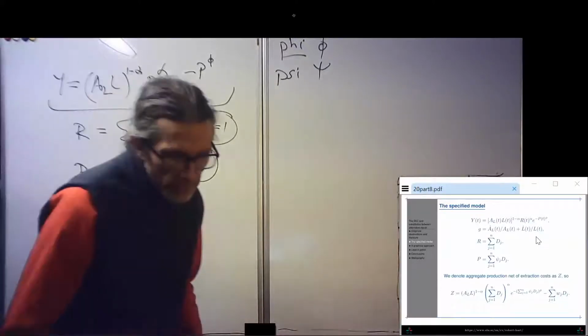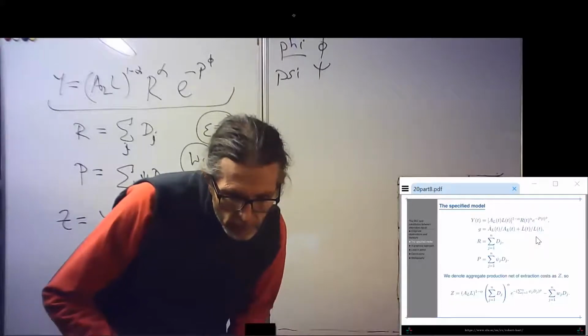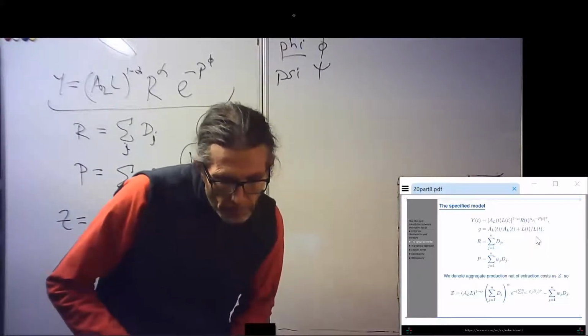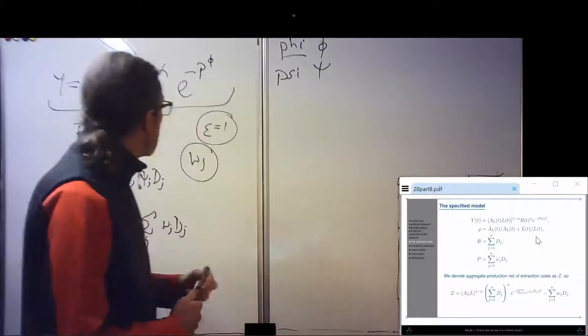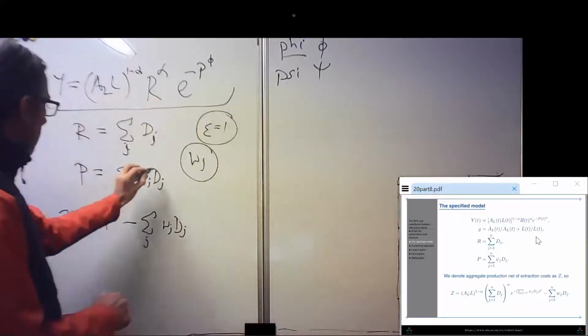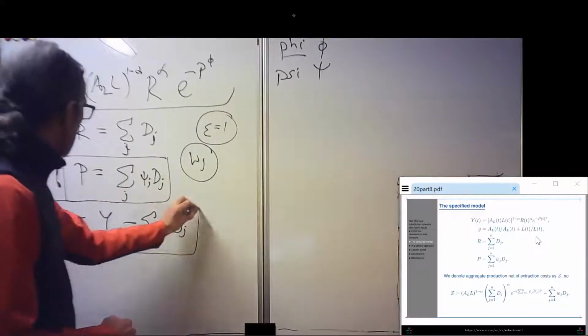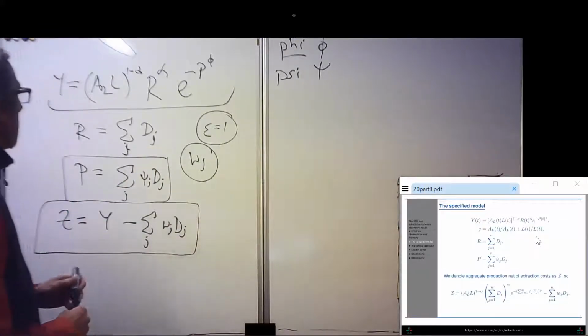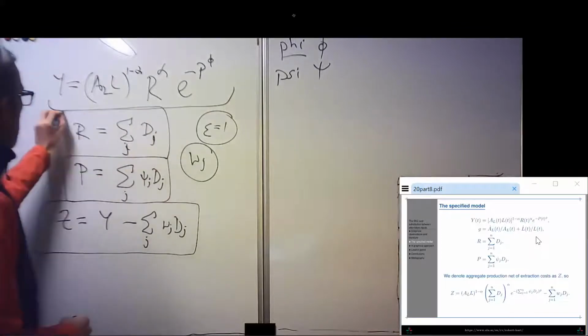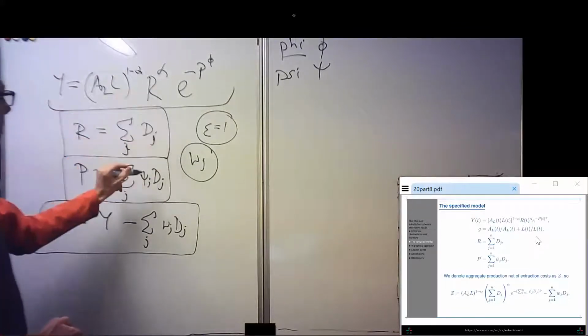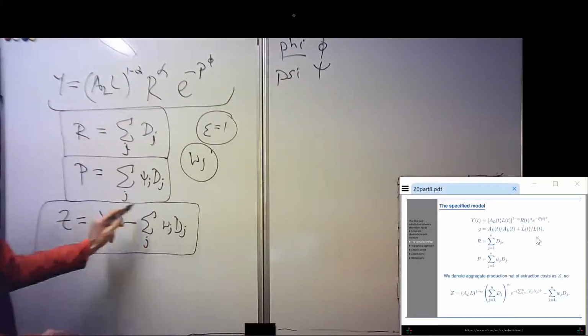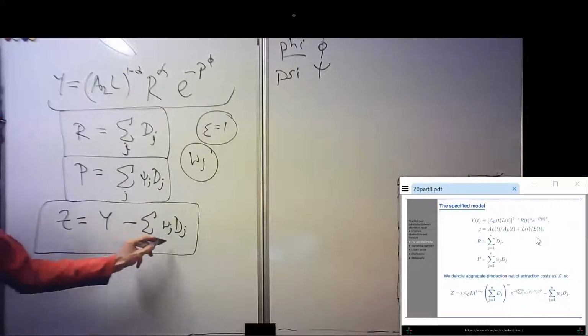Is that right? Is that what I got there? Yeah. And P, this P, of course, we've got that. Yeah, okay, so that's the R, that's the P, and this is Z, allowing for the costs.